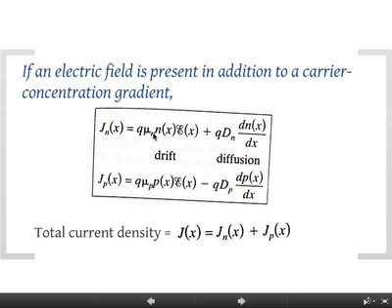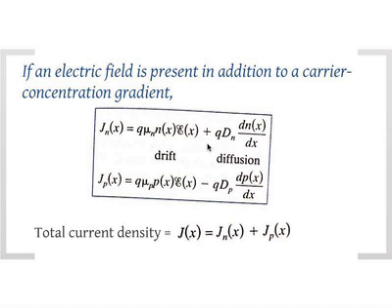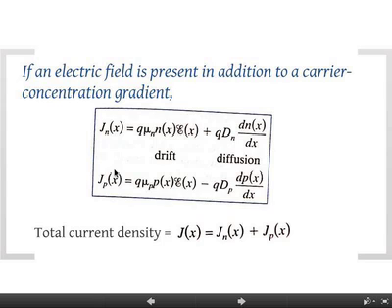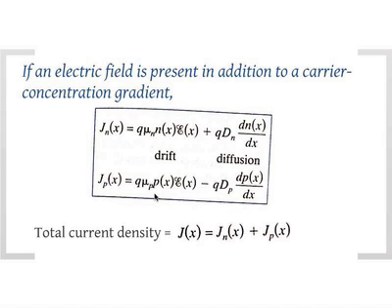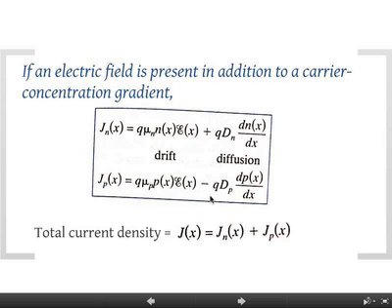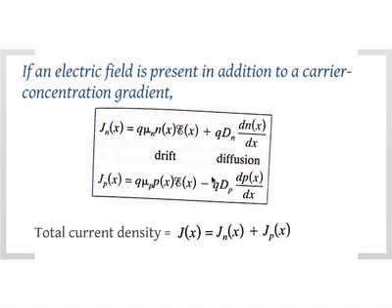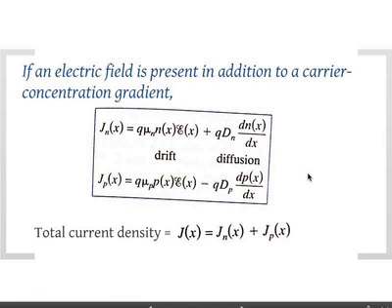It's q mu n, where mu is the mobility of electrons, times the field. That's what we saw last class. Plus the diffusion current, which is what we just saw, q D dn over dx. For the hole current, they're opposite. The drift current is the same. It moves in the direction of the field, so the current is in the direction of the field. But the diffusion current has a negative sign because it moves opposite to the carrier gradient. So keep that in mind.